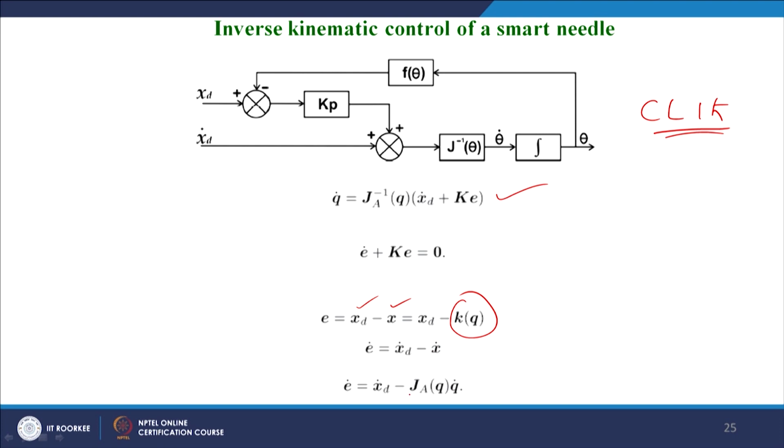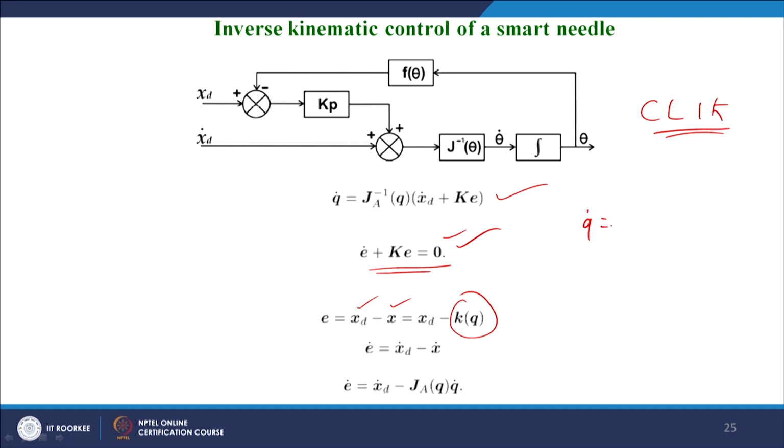And now we end up with the first order differential equation, which shows that the error converges to 0 as time tends to infinity. How do we get this equation?